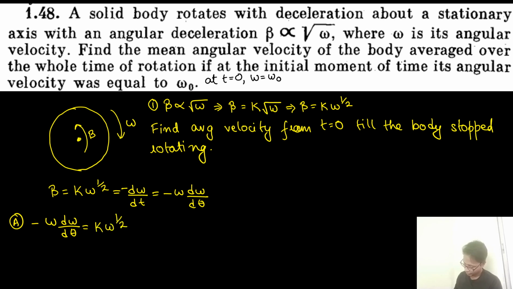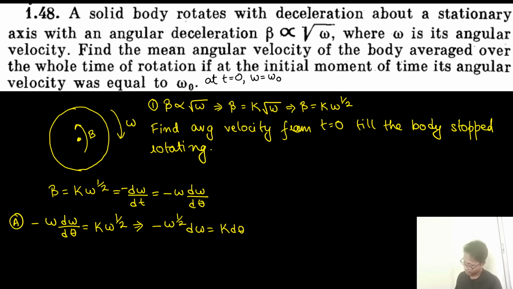If I solve this one, I'm taking this omega down here, so minus omega by omega to the power 1 by 2 into d omega is equal to k d theta. If I solve this, omega divided by omega to the power 1 by 2 is nothing but omega to the power 1 minus 1 by 2, which is 1 by 2, and this denominator would get cut.